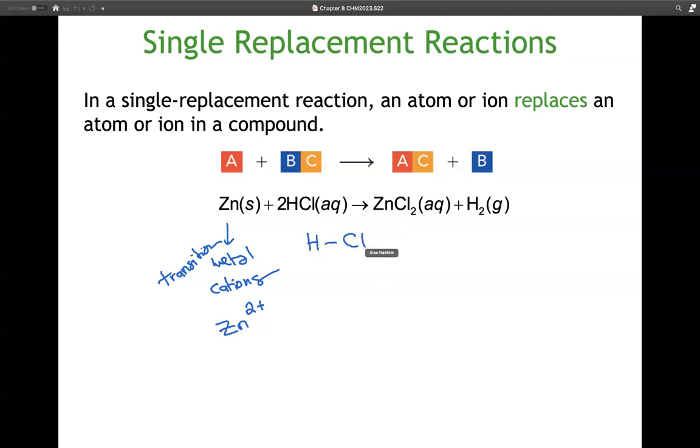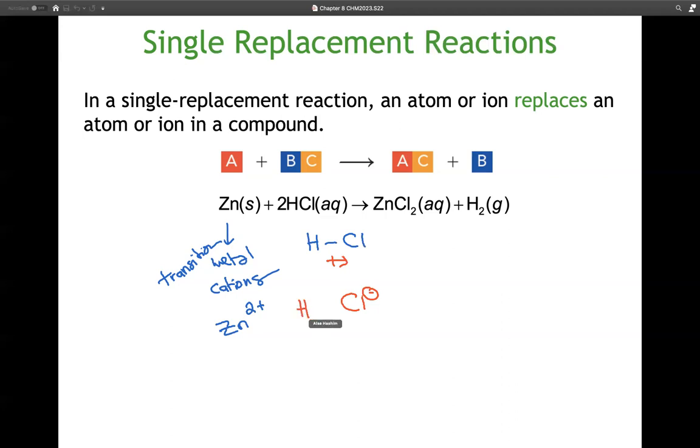Well, we have hydrochloric acid, right? That's a polar covalent bond. There is a bond dipole towards chlorine. Chlorine is the more electronegative atom, and if you think of them as ions, chlorine carries a negative charge. Chlorine is an anion, a non-metal in group 7A.